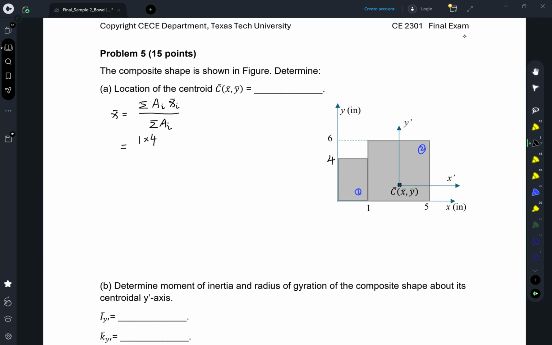Times the corresponding coordinate of the centroid of the first area, which is at the very middle here, and the x coordinate will be 1/2, right? It is half of its width, so it is 1/2.